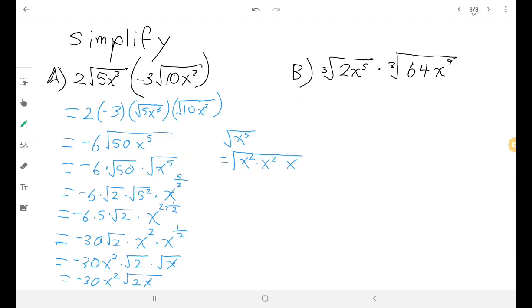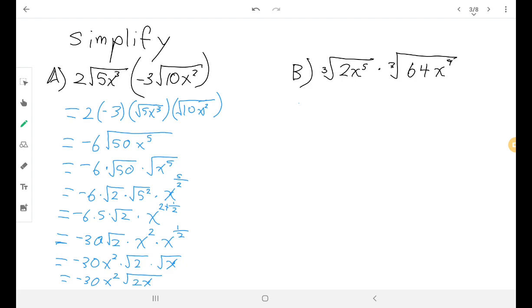So it would have been x squared times x, and the square root of x squared is x, times the square root of x, which I can't do anything with, and that gets me x squared times the square root of x. So that's a perfectly okay way to do it also. I'm just trying to remind you that you can play around with these fractional exponents. Okay?